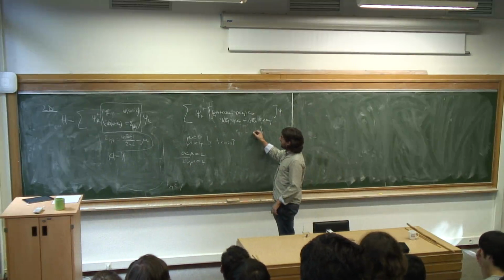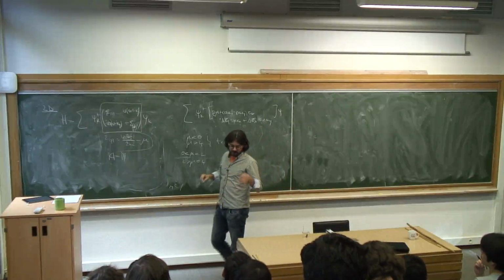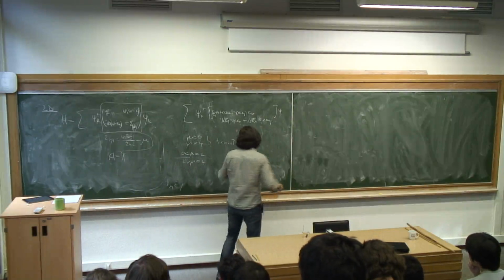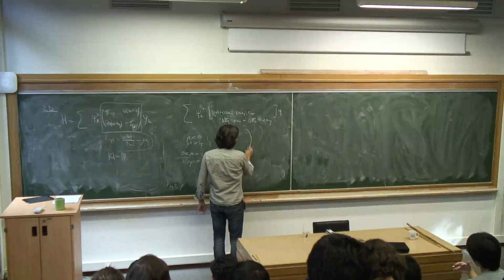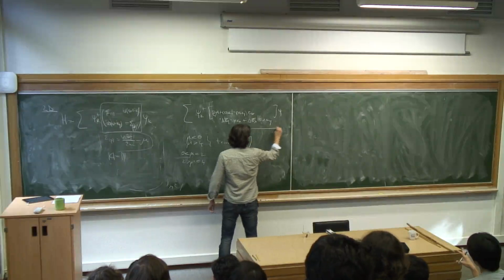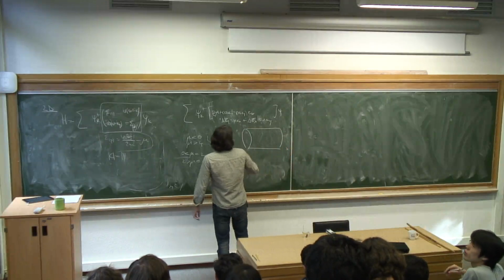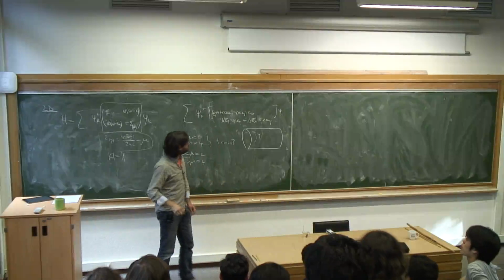Okay. All right. So now, even without knowing any Chern numbers and everything, it's very easy to show that this has a Chern number. So let's just look in a cylinder geometry. In this cylinder geometry, this is x, and this is y. So I make my sample like this, right?